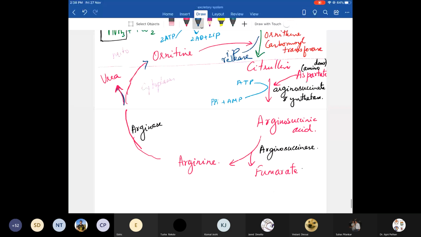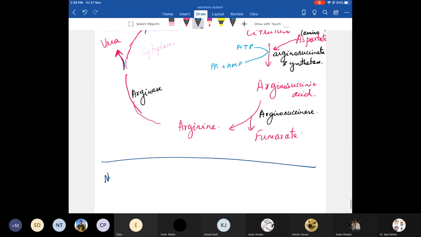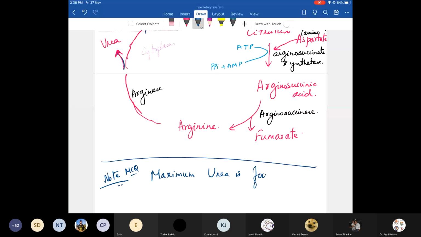Okay, let's move to the next. Note, very important, many times MCQs come from this part. Maximum urea is found in which vein: hepatic vein or renal vein?